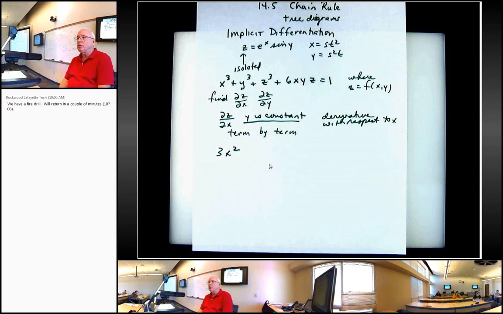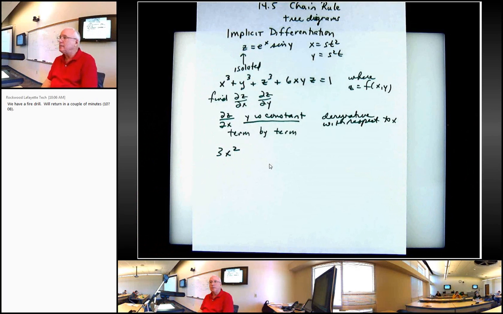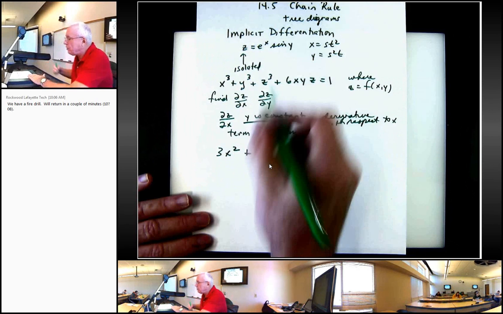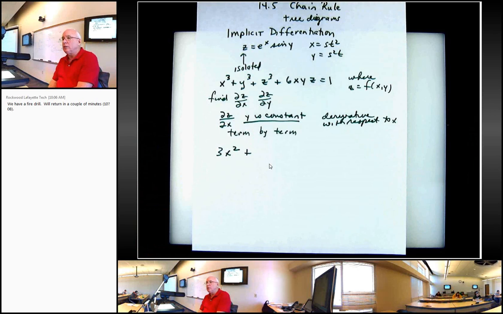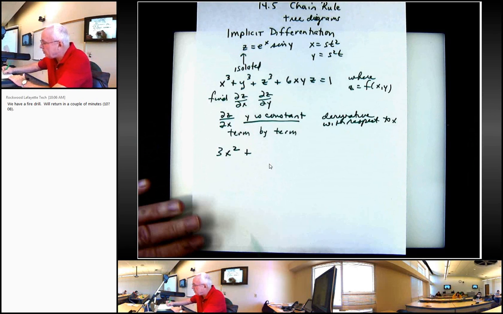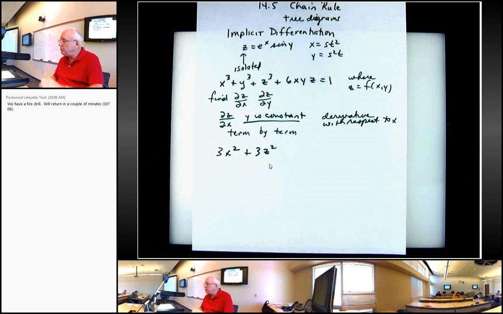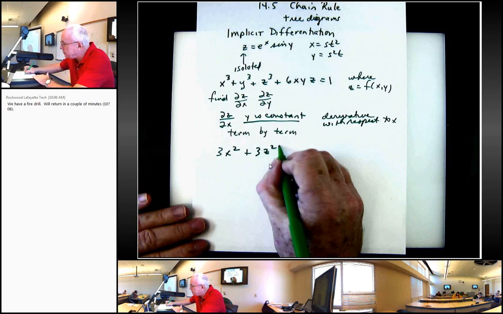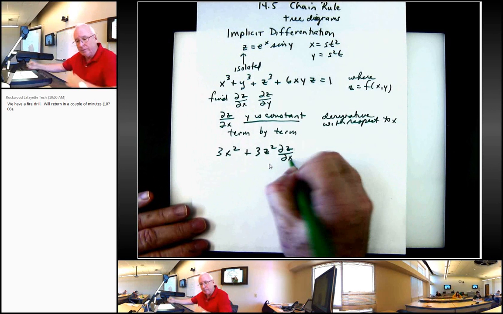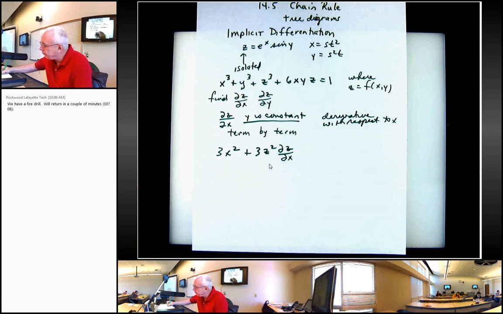Now the second term, y is a constant, so that term just goes to 0. Then we go to the third term, z cubed. Well, we just do the chain rule. We bring down our 3z squared, but we have to complete it with the chain rule, so we're going to have dz dx behind it.